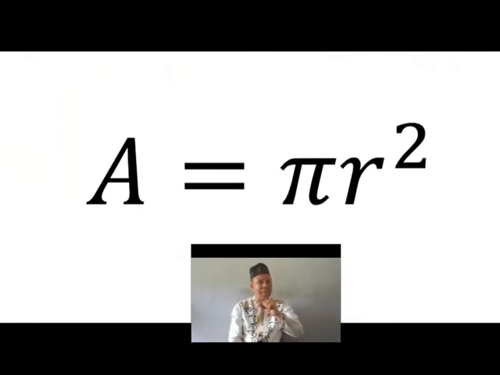Now, let's talk about constant. Unlike radius, constant will remain the same. Let's go back to that equation. The pi in this equation is constant because it remains its value 22/7. It doesn't matter the size of the radius.